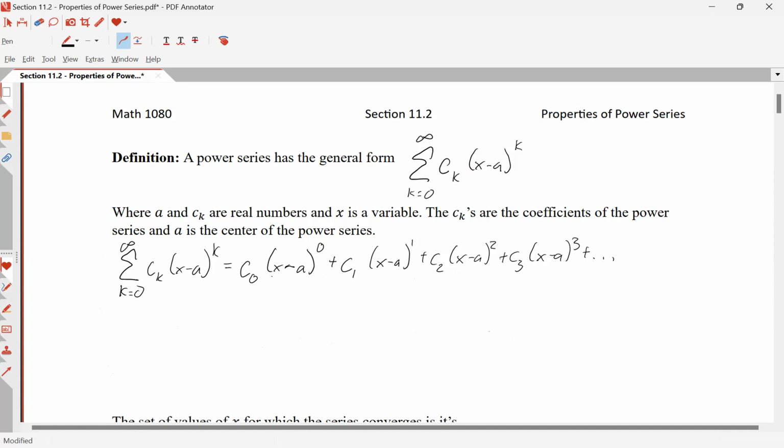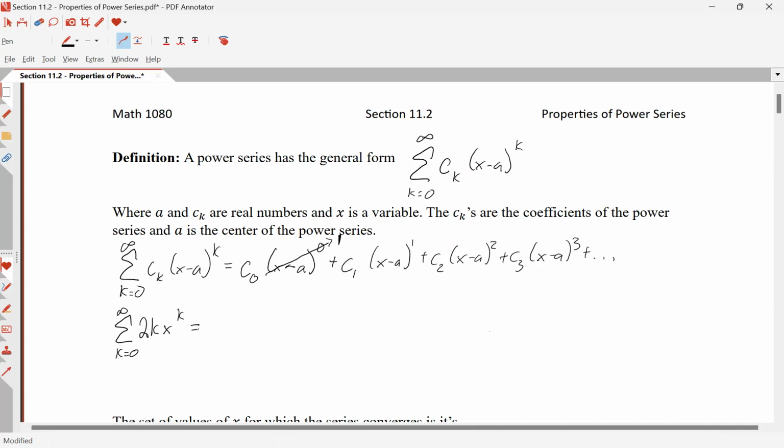(x minus a) to the 0, we are going to take to just be 1, even when x is a. But otherwise, this form should generally look a little familiar to something you have worked with a lot in the past. Looking at an exact example where, let's say, our c sub k's are 2 times k, and a is 0, so we have x to the k.